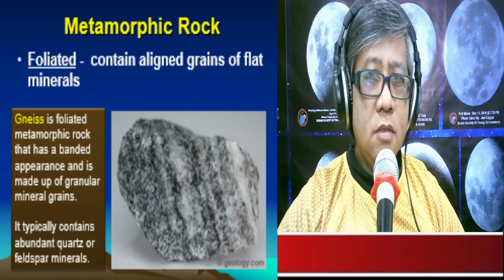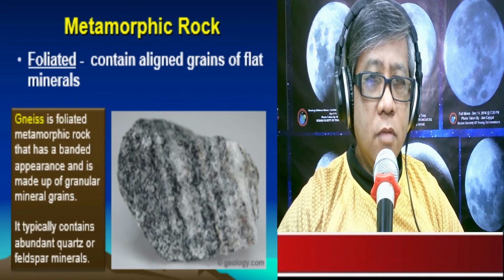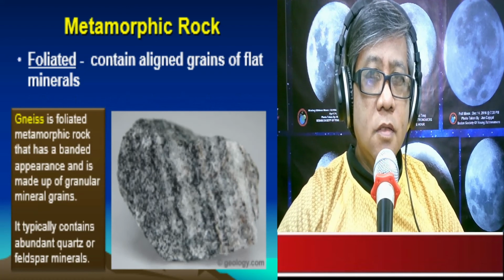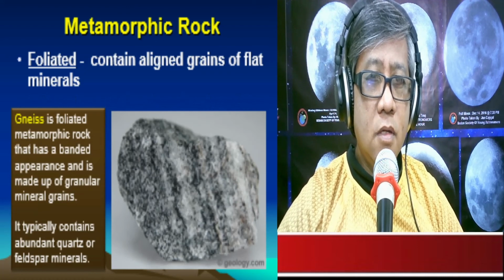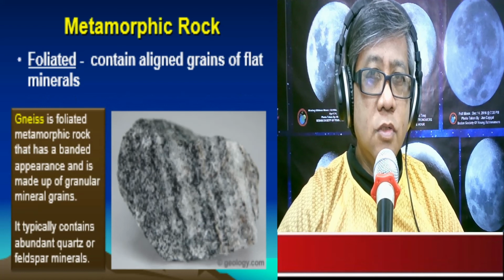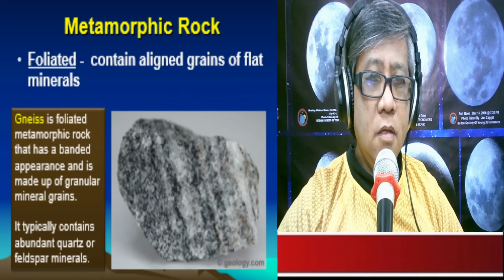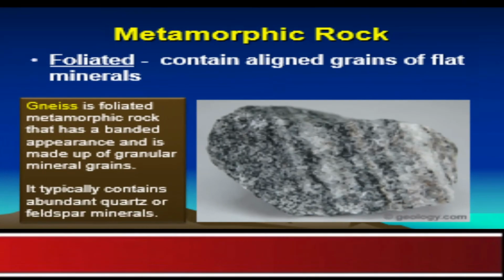Gneiss is a foliated metamorphic rock that has a banded or striped appearance, as you could see in the picture, and it is made up of granular mineral grain. Everybody kindly look closely at that picture. So that's gneiss. You will notice that gneiss has a banded or striped appearance.